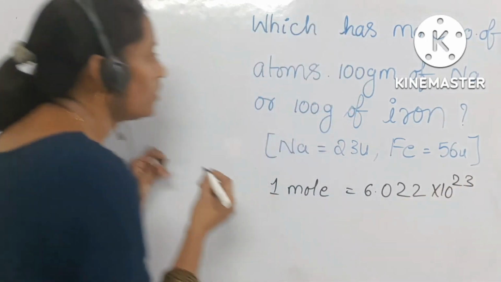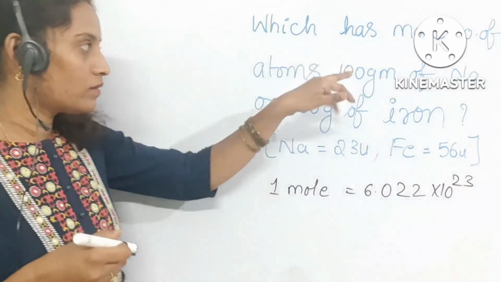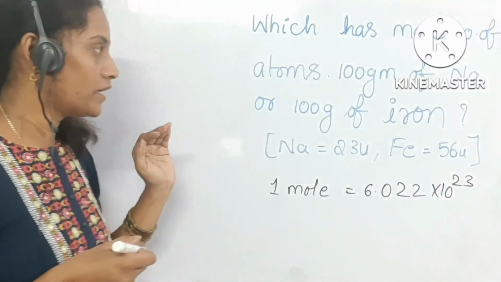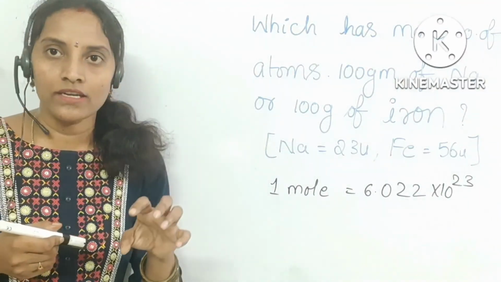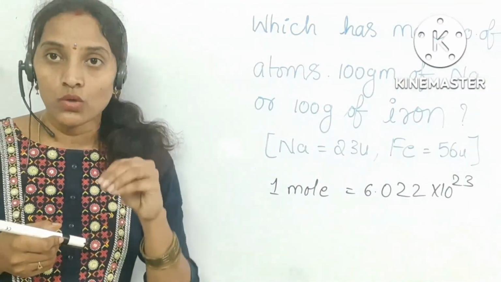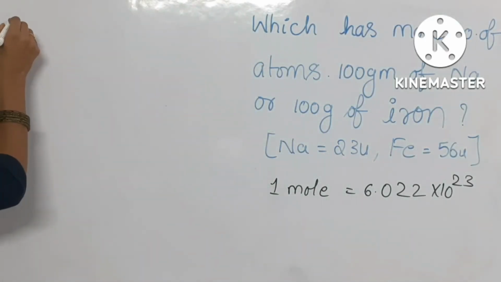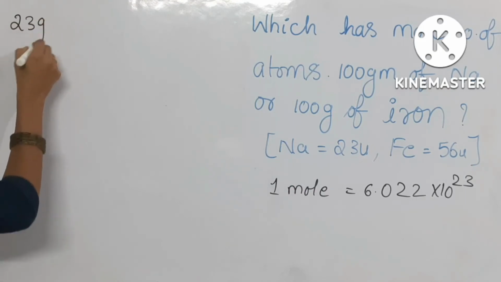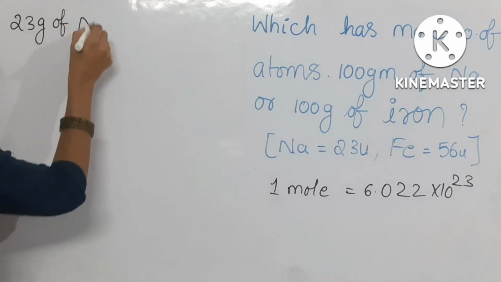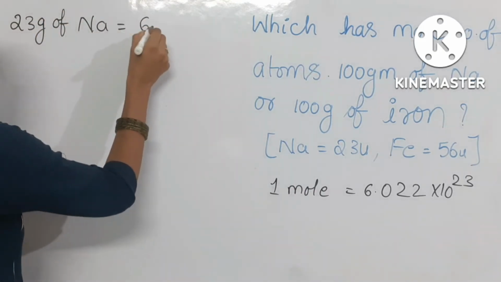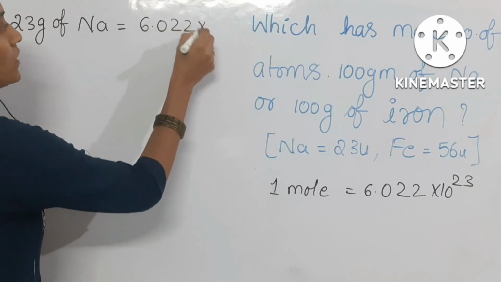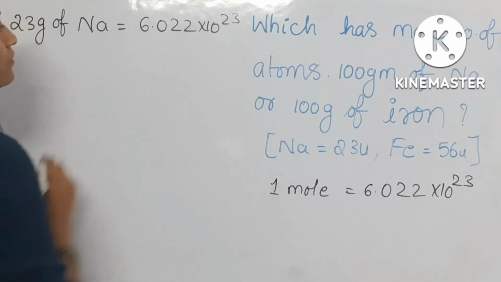Remember this one. So first of all, take 100 grams of sodium. We already know 23 grams equals 1 mole. So 23 grams of sodium equals 6.022 into 10 power 23 number of atoms.